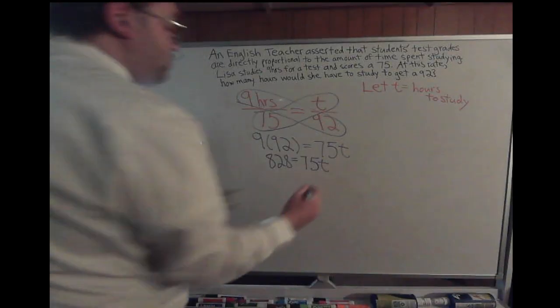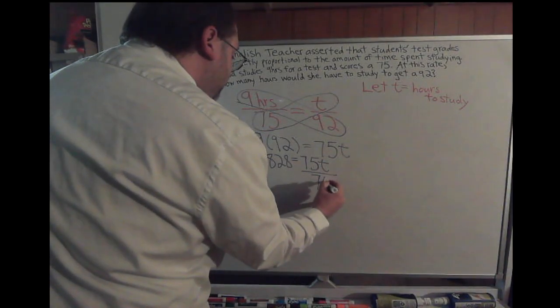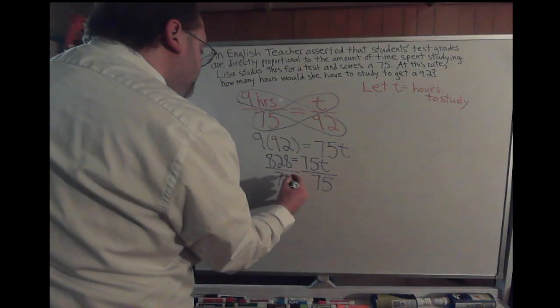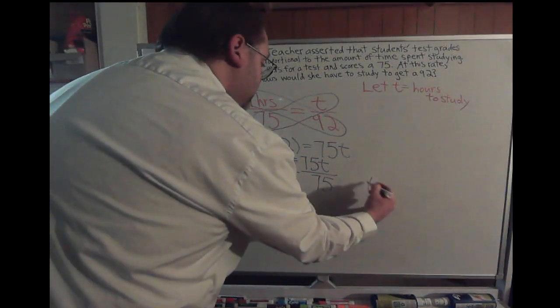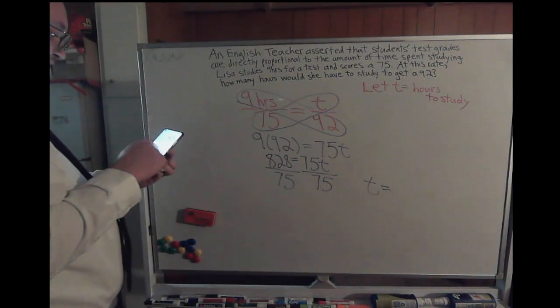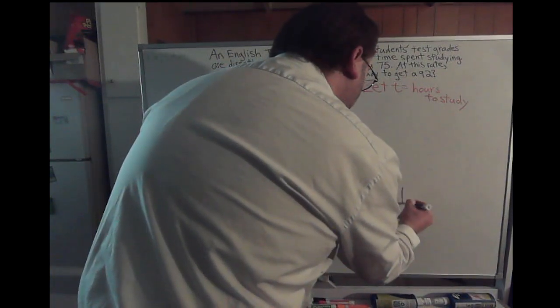Now, of course, the goal is to get T by itself, so you have to divide both sides by 75. So the total amount of time T is 828 divided by 75, which is approximately 11 hours.